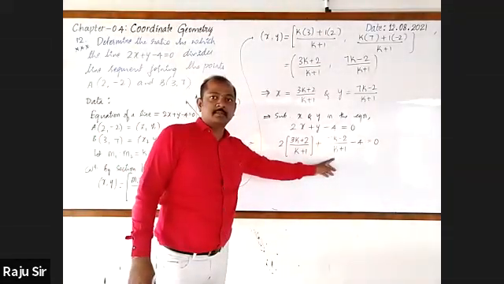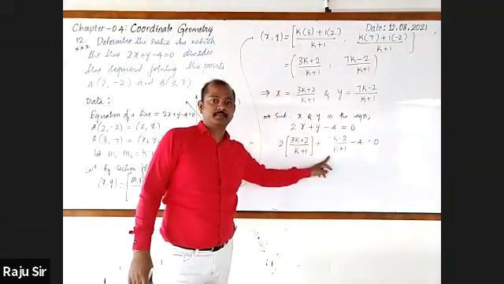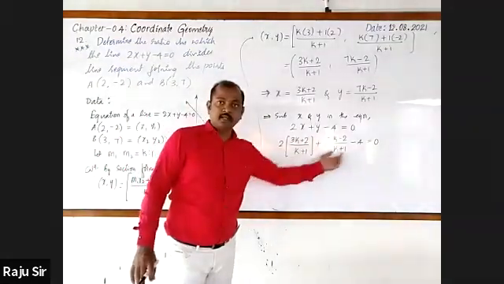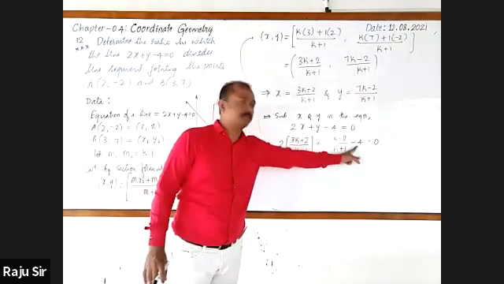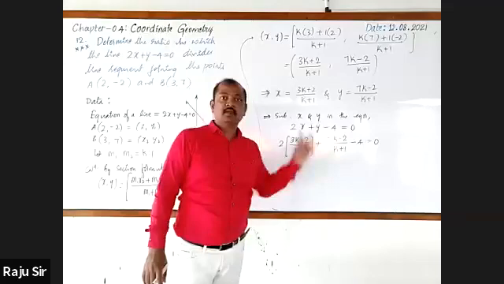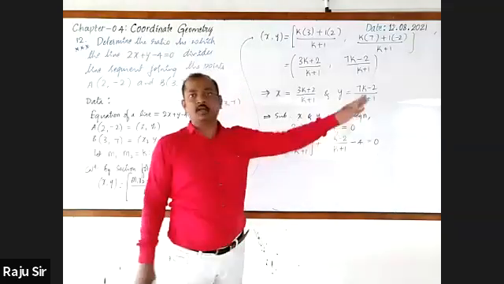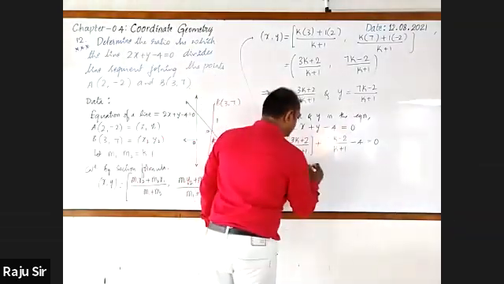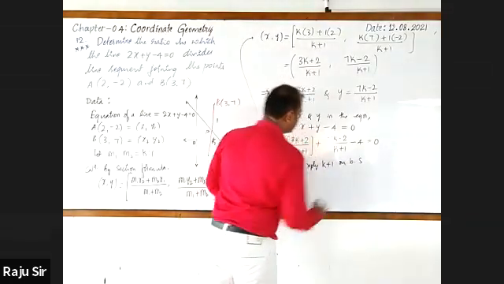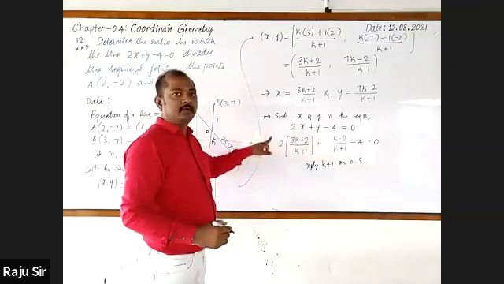Observe the LCM of the denominators. It is k plus 1. Let us multiply k plus 1 on both sides with all the terms.